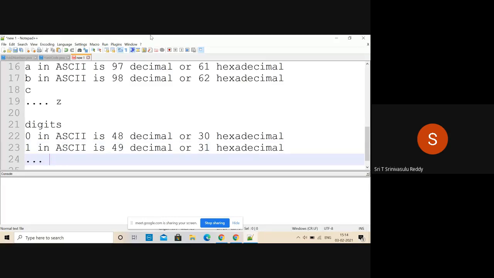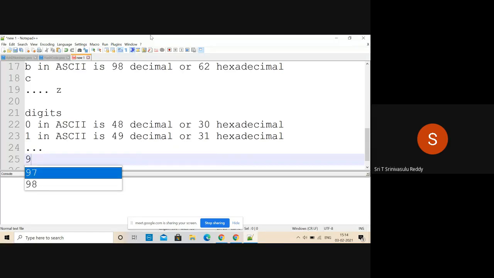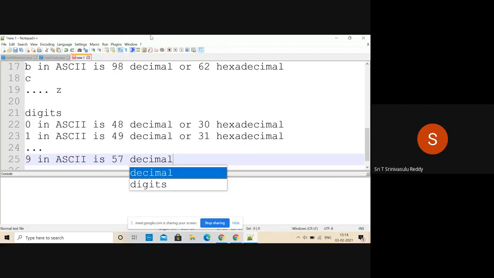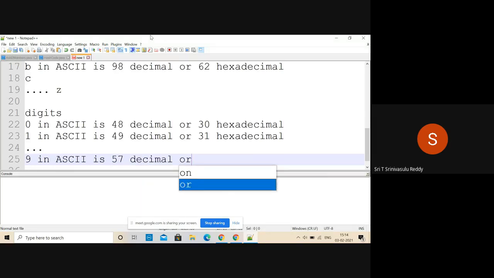It goes on like this. 9 in ASCII is going to be 39, right? 30 is 0, 31 is 1, 39. 39 means 16 3s are 48, plus 9 is 57. It should be 57 decimal, or 39 hexadecimal.